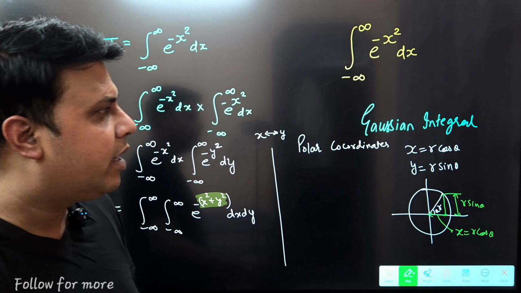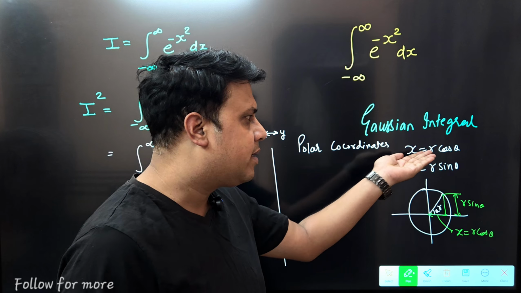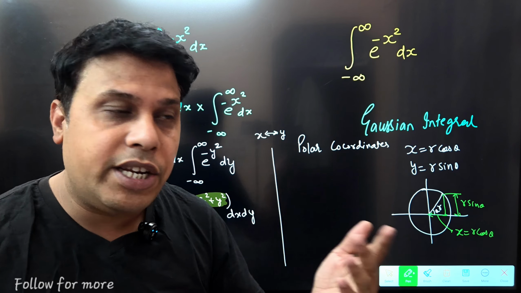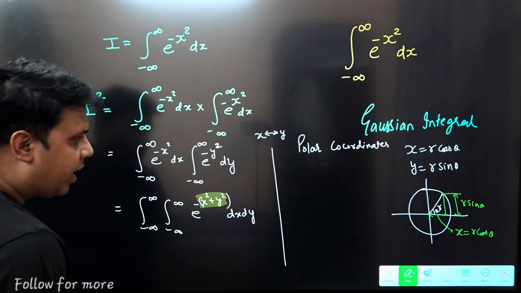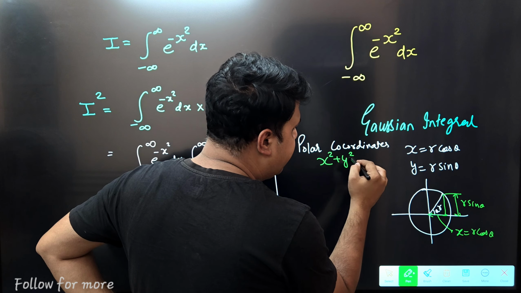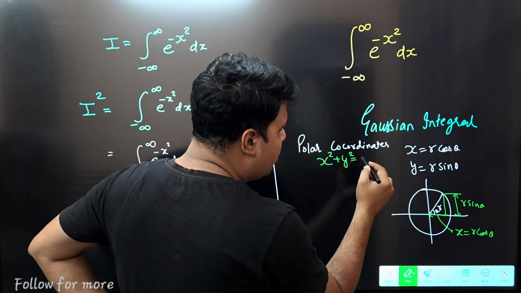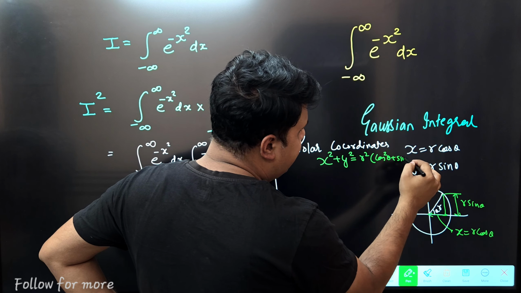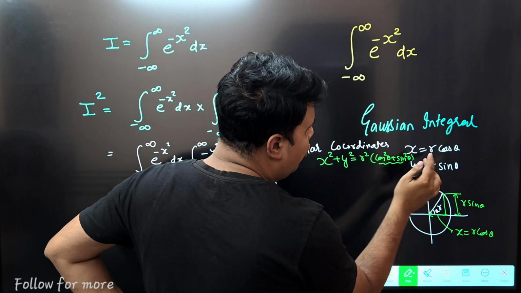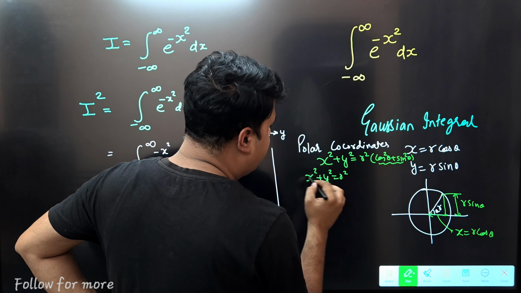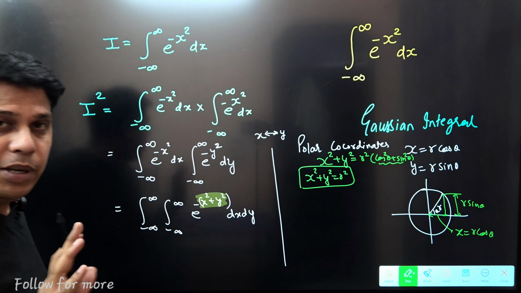So in polar coordinates, I can convert x as r cos theta, where r is the radius and theta is the orientation or the inclination, right? If I square them, x square plus y square, I'll get r square times cos square theta plus sin square theta. So this is going to be 1, so x square plus y square is r square. I believe it is clear, right?